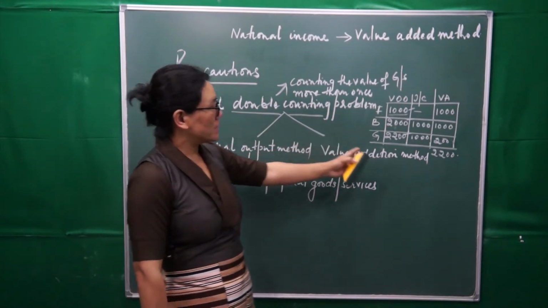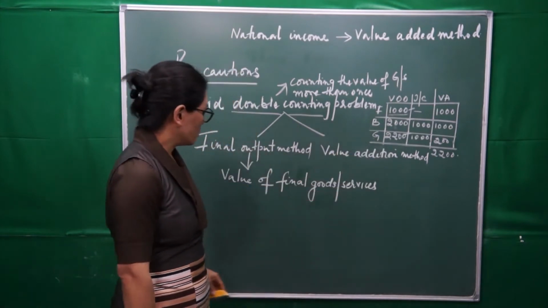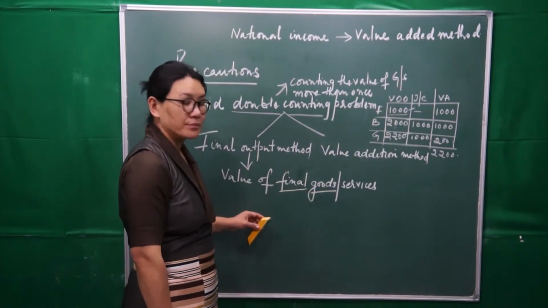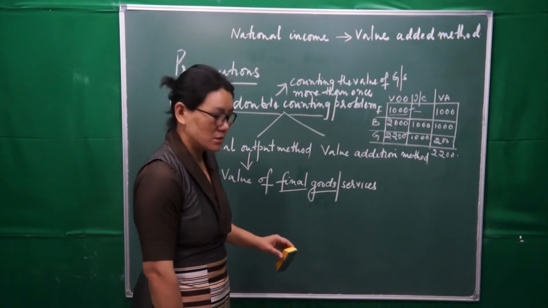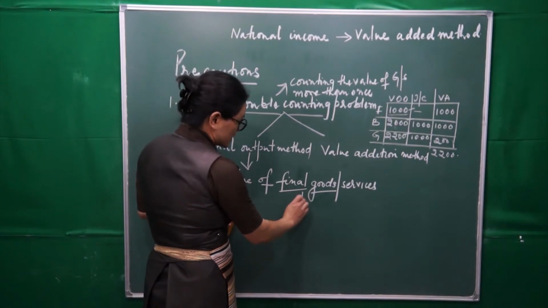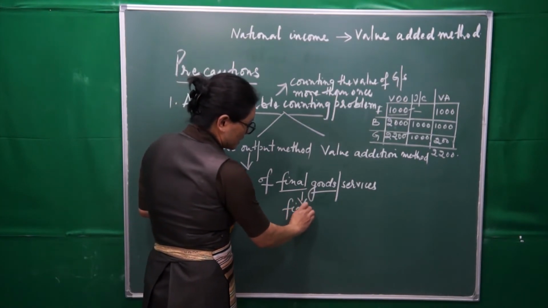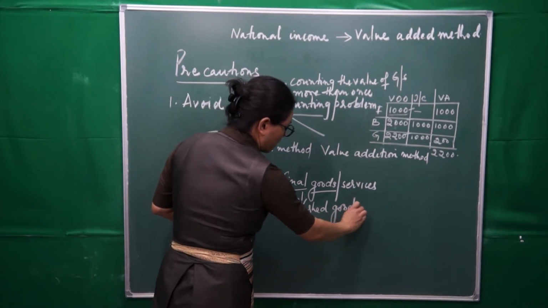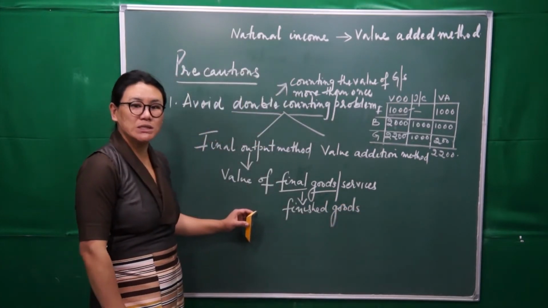So now from this table, we have to find out the final goods. What is the meaning of final goods? Final goods are finished goods which are sold to the consumer.